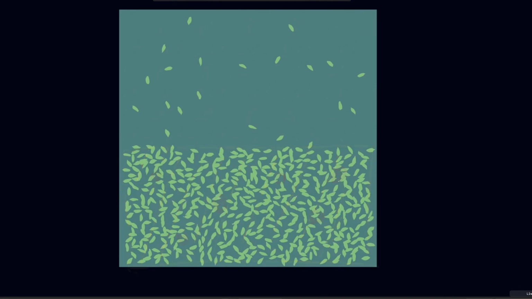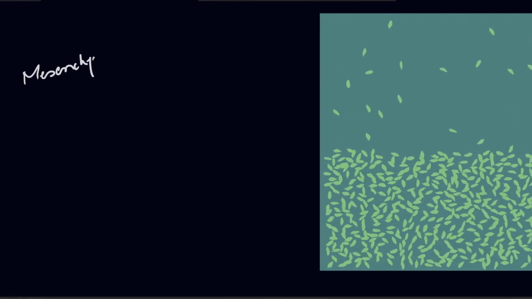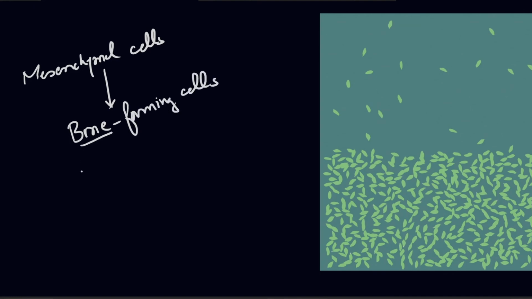And within these highly condensed mesenchymal membranes, some of these mesenchymal cells will transform into bone forming cells. These are quite undifferentiated cells, and they will differentiate into bone forming cells.